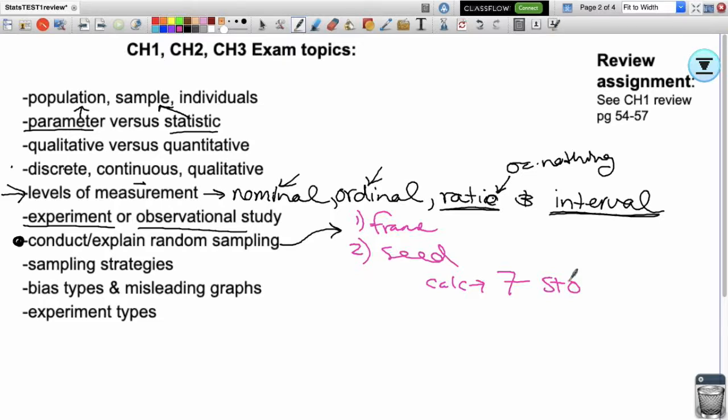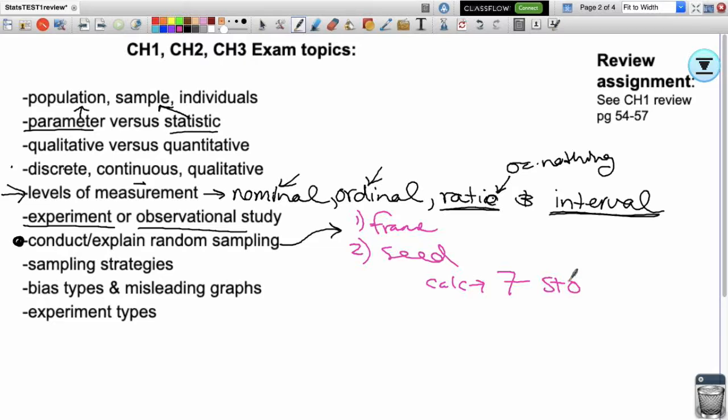Now you need to tell your calculator where you are storing the seed number. We want it to be stored in our random sample spot, right? That is not under stat. We've been doing a lot of work under stat, right? This is instead on the left-hand side under the button Math. So you're going to click Math. And technically, when we're randomly selecting something, we're using probability, aren't we?